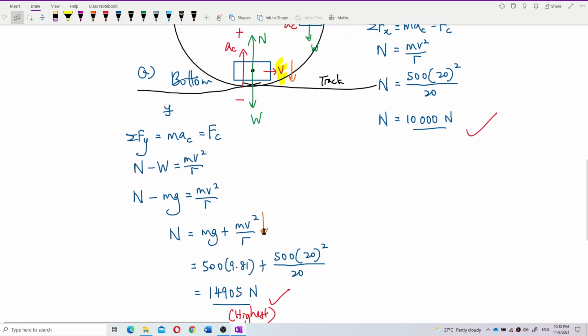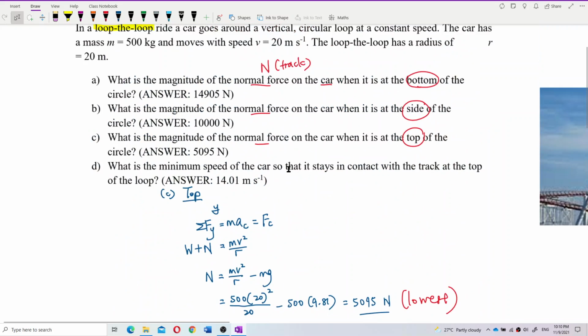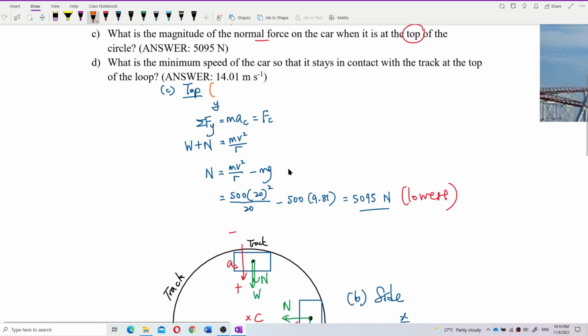The bottom is actually safe, but the top position is unsafe. You know why it's unsafe?